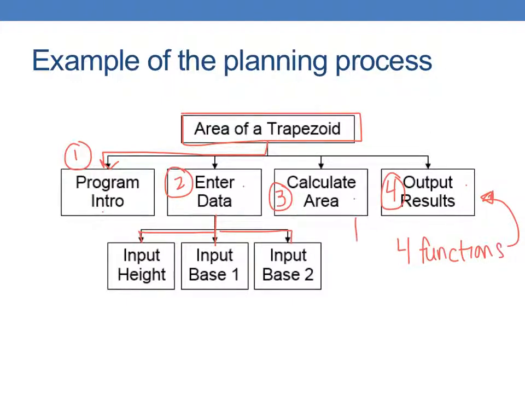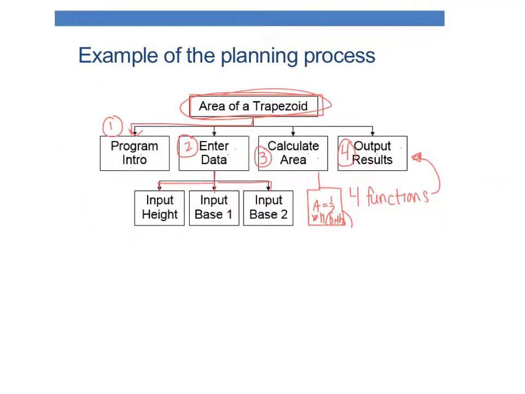I could also make a note here that calculating the area is area equals 1/2 times height times base 1 plus base 2, etc. So I can make comments about each little mini function, but the idea is I start by thinking of the big problem, and then I break it down into mini subprograms so that I can solve each little piece one at a time.